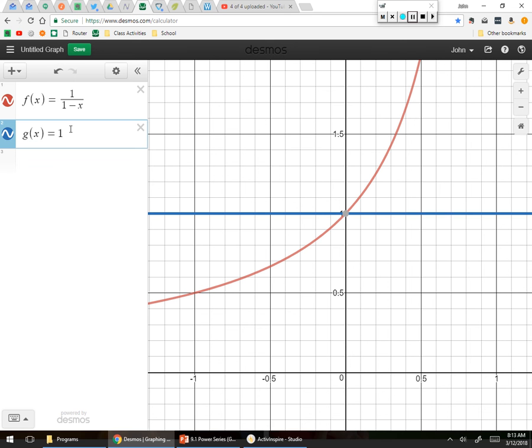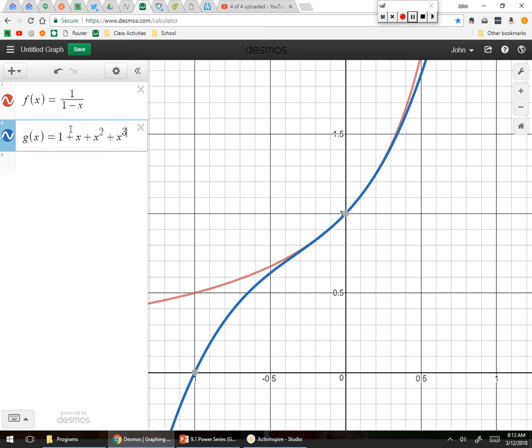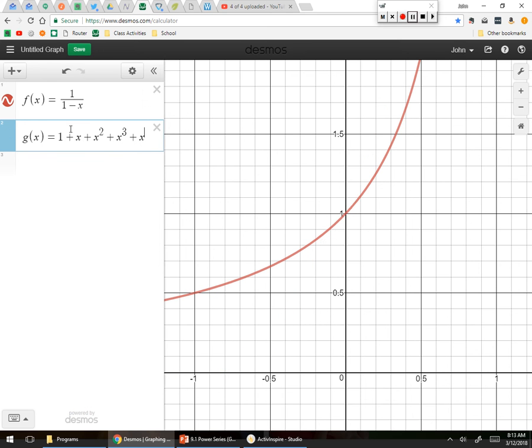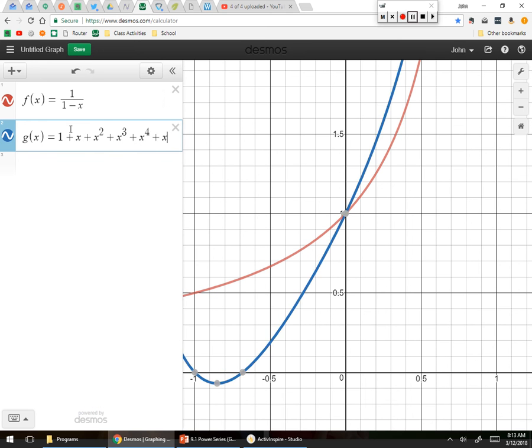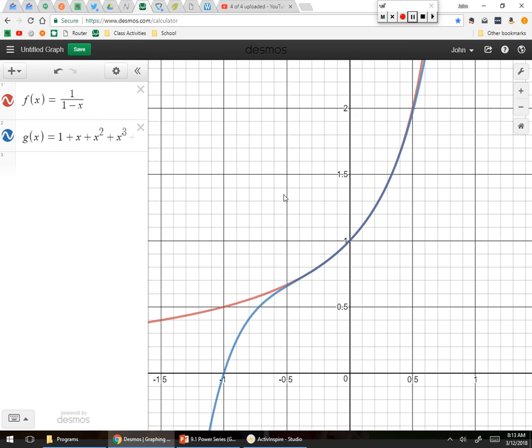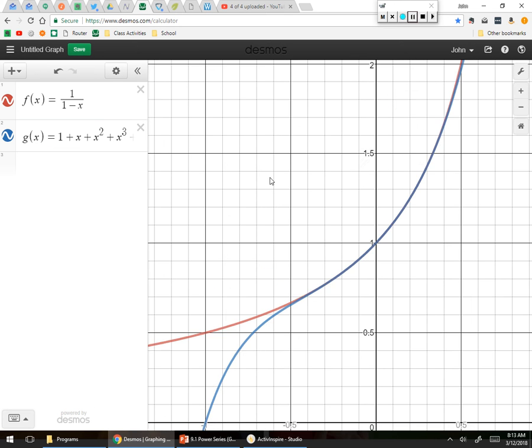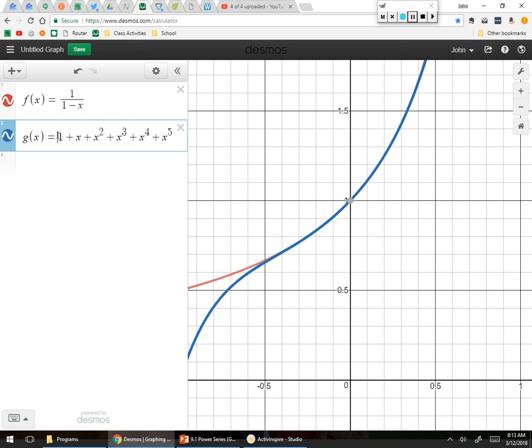So it's 1, there's the constant approximation, linear approximation, quadratic, cubic approximation, quartic. This is fun to type all this in, but let's do this a little more quickly.